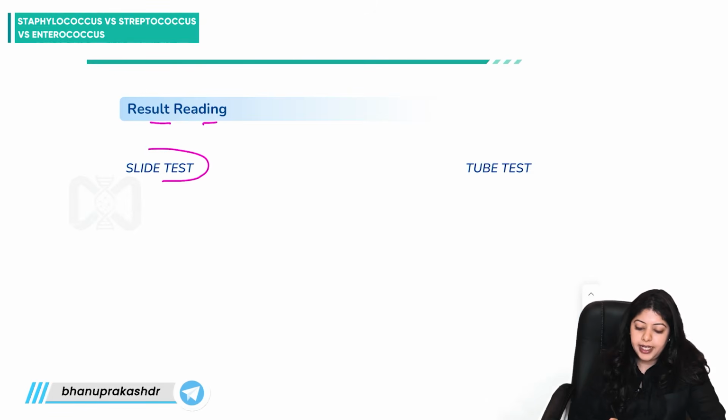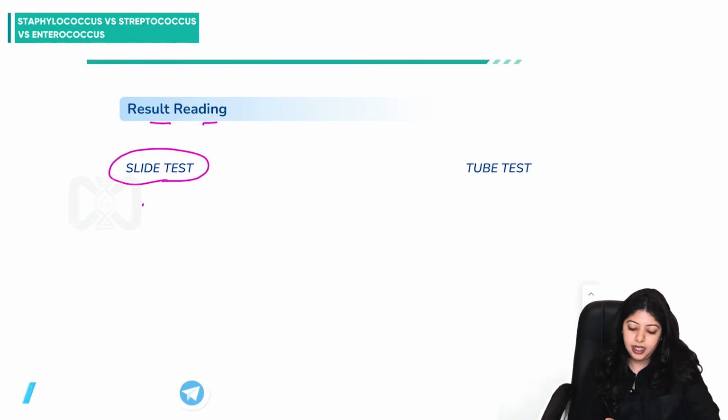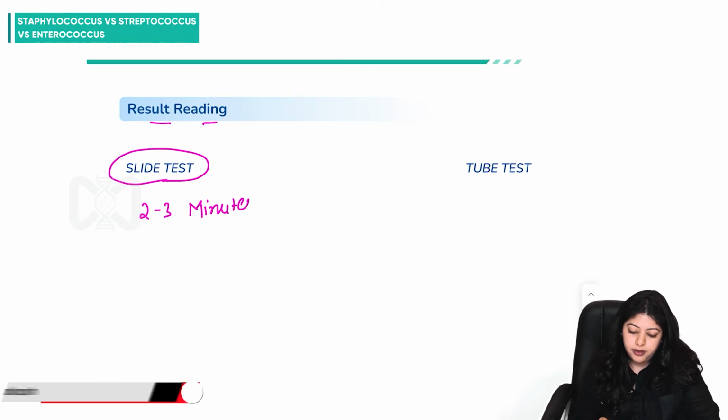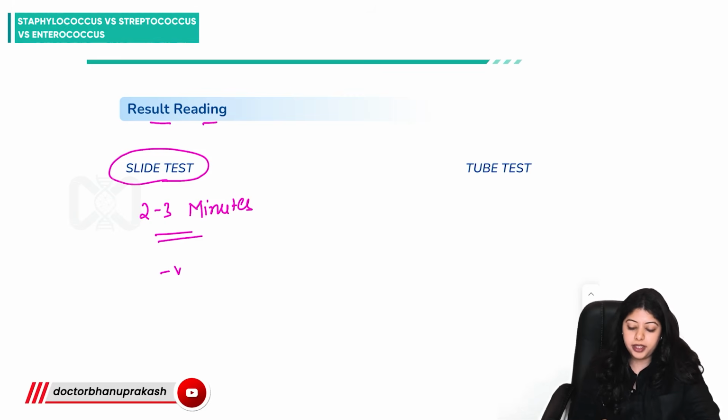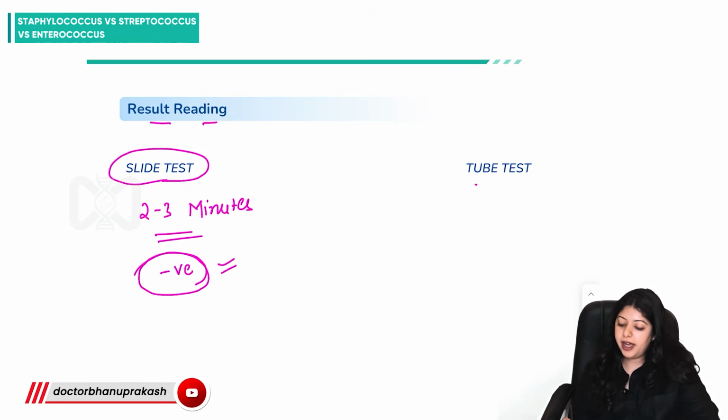So for the slide test, we have already discussed that after 2 to 3 minutes, if no aggregates are formed, we are going to give it a negative test. Whereas for the tube test, there is a slight variation.